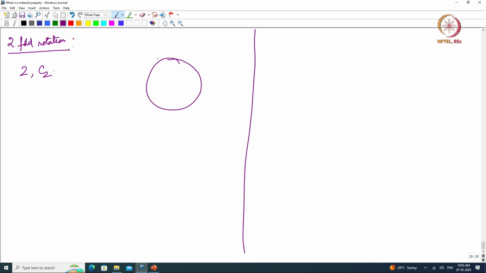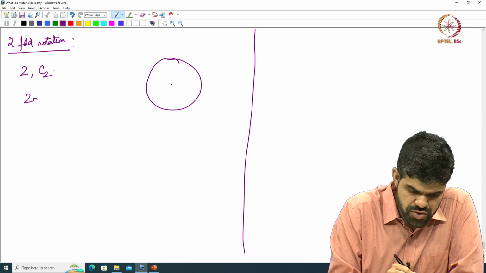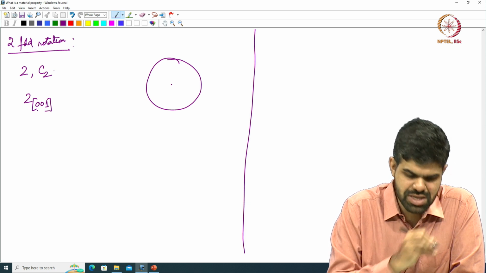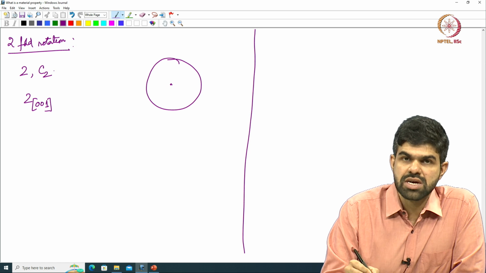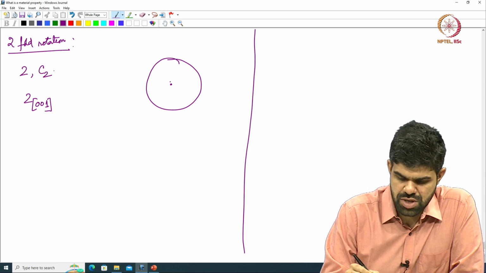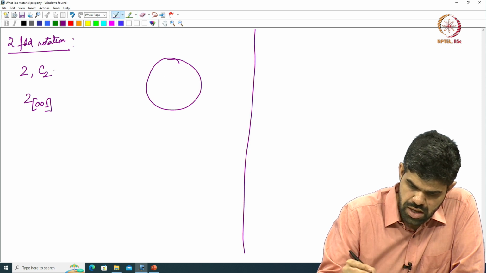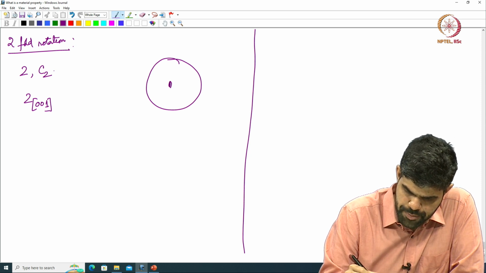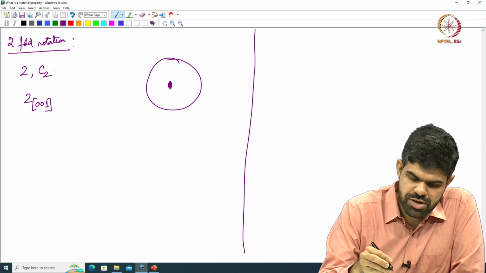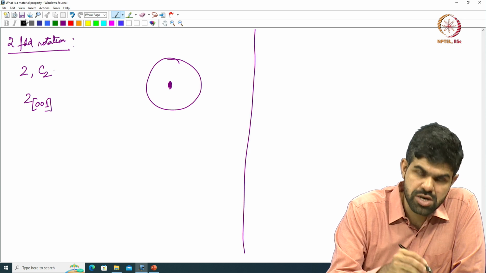So, I am going to draw these sort of what are called stereograms. I will explain more about stereographic projections later on, but for now, if I have an axis, let us say a 0 0 1 axis, then I say that there is two-fold rotation about the 0 0 1 axis. Now the axis is coming out of the plane, and I am going to denote it as an oval, and I am going to say that there is an asymmetric unit, the dog that I described.